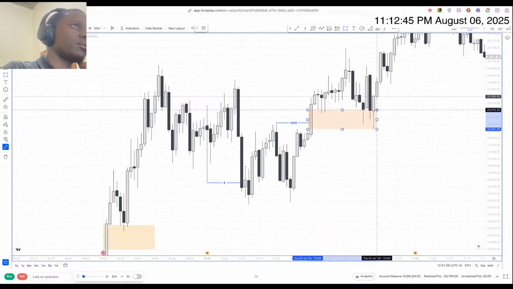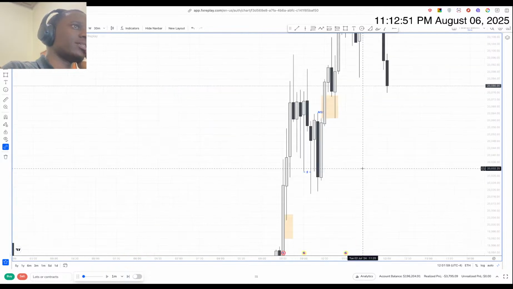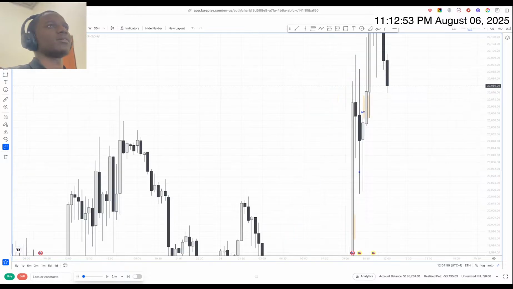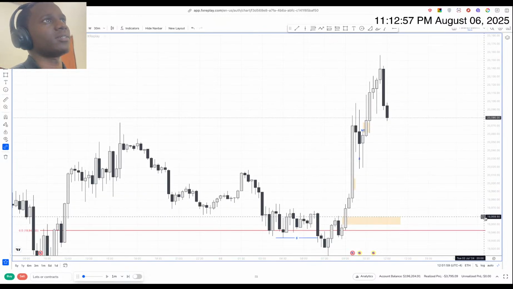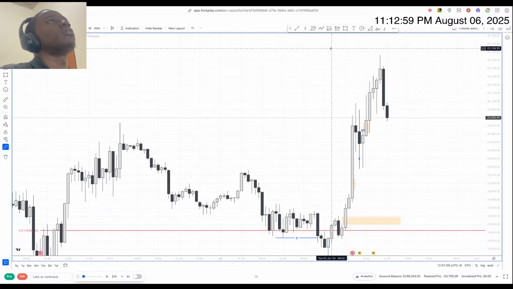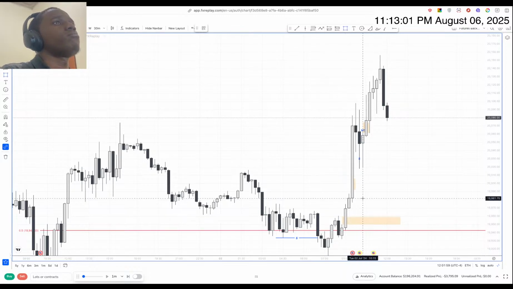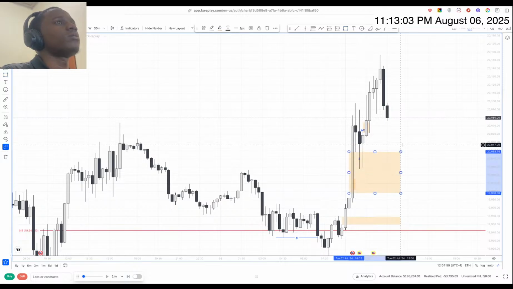Shift. I don't know if we're in any kind of POI here. Well, we have this gap here. This one there.